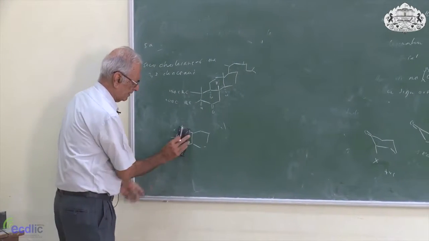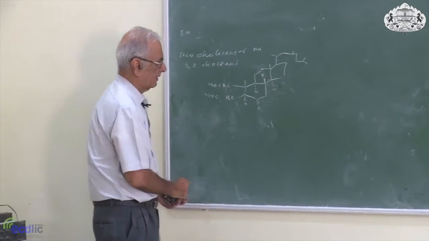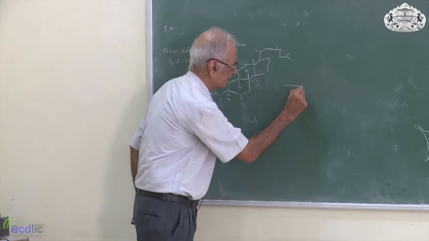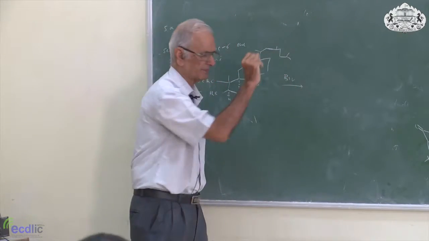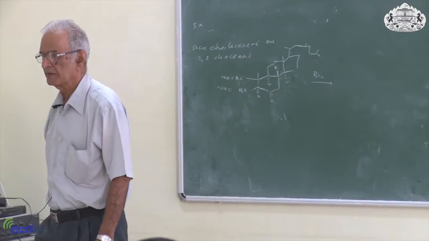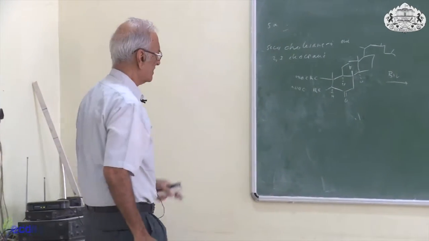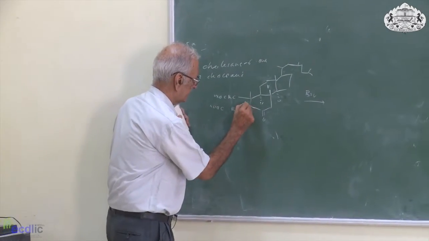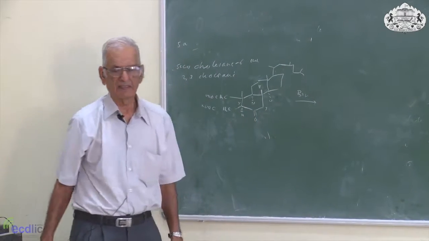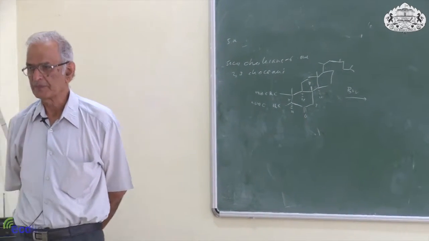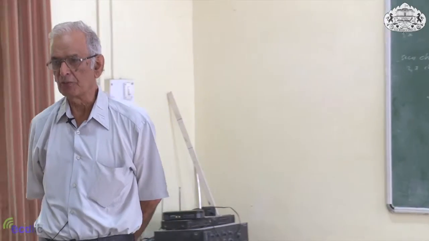So, we brominate this. When I brominate this, bromine can go at 5 position or bromine can go at 7 position. Both positions are adjacent to the ketone.